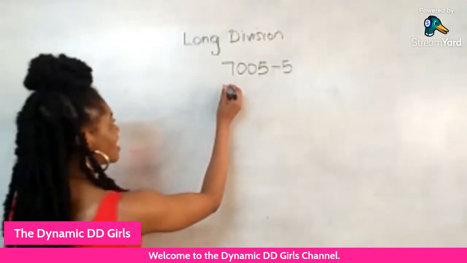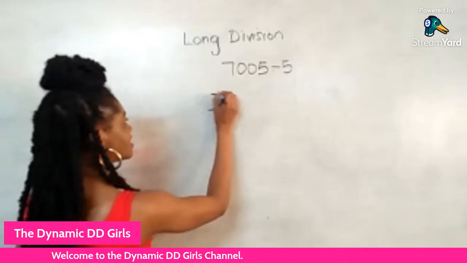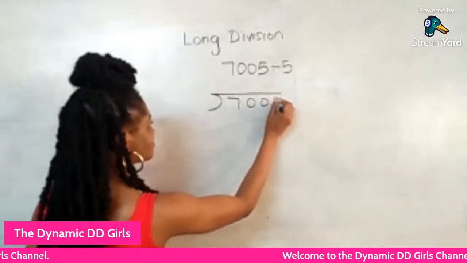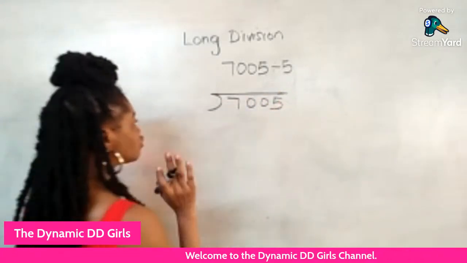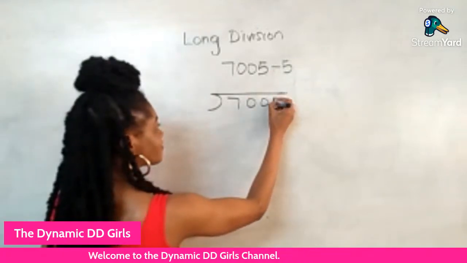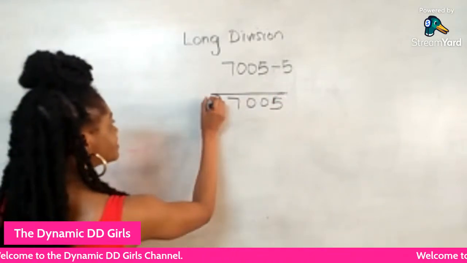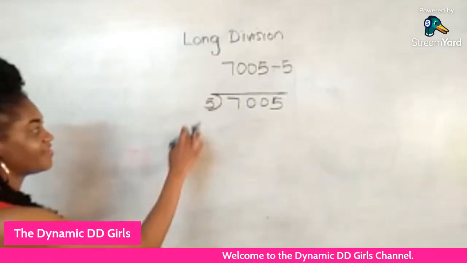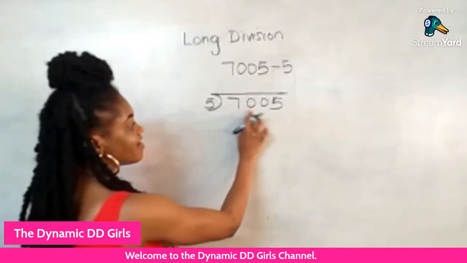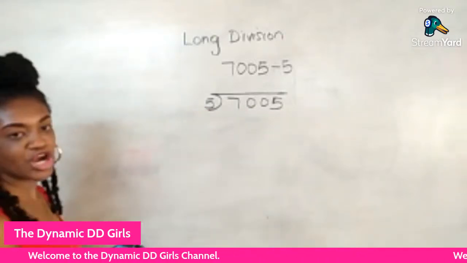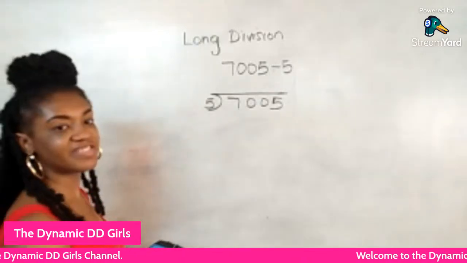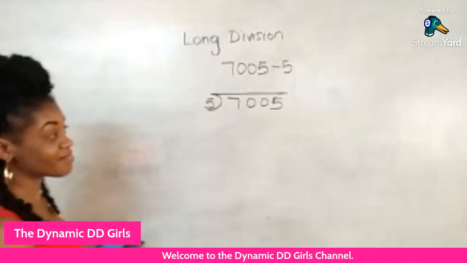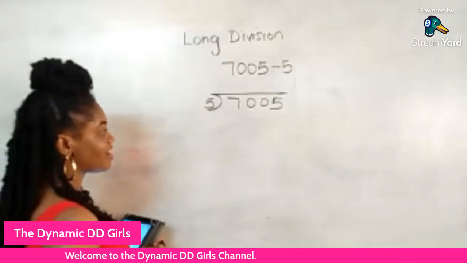Remember that you have to set the problem out because that's how you're going to get your answer. I'm going to be putting in my divisor, and 5 is your divisor. 7,005 is your dividend. We're solving to see if we have any remainder and what our quotient is. That's the aim, right? Let's do it together.